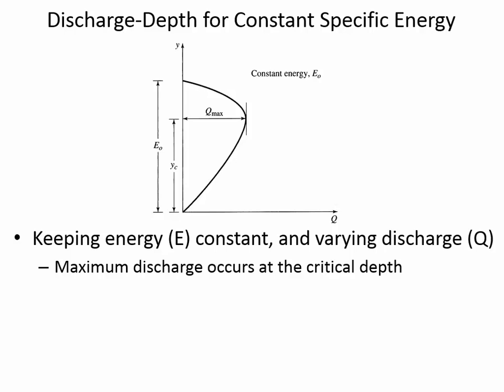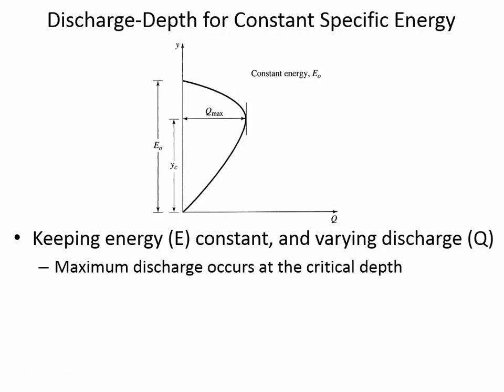What this is showing is that all of these different flow possibilities on this thick curve have the same amount of energy associated with them, but there's some maximum flow rate that occurs for a certain amount of specific energy, and it happens to coincide with the critical depth.